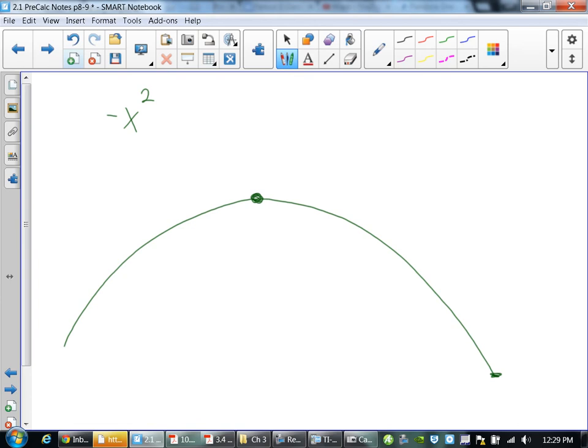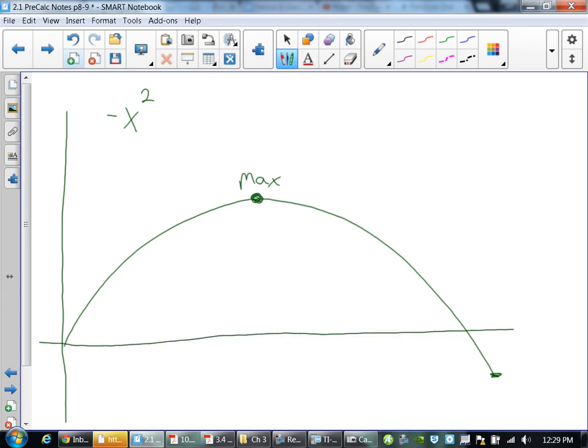It's the vertex, but it's also called the maximum. Now, for argument's sake, let's say this value started at 0. If I'm looking at the function itself, would there be a value of c?